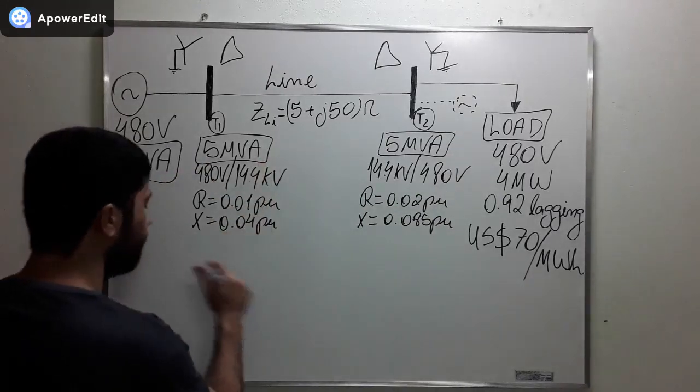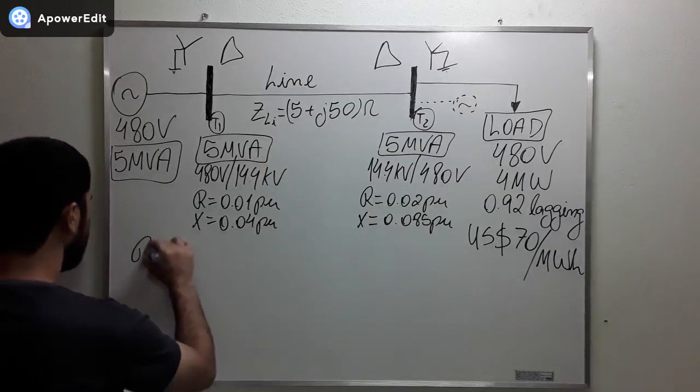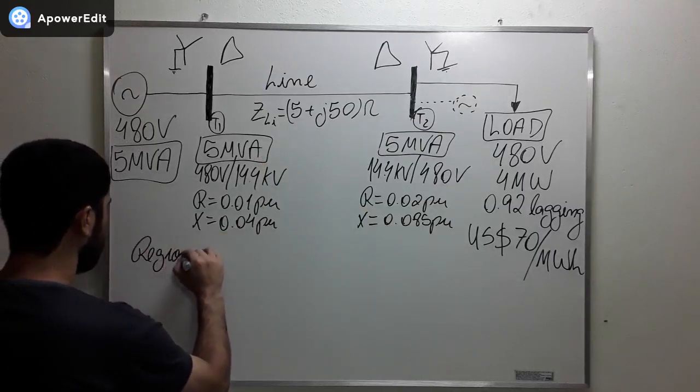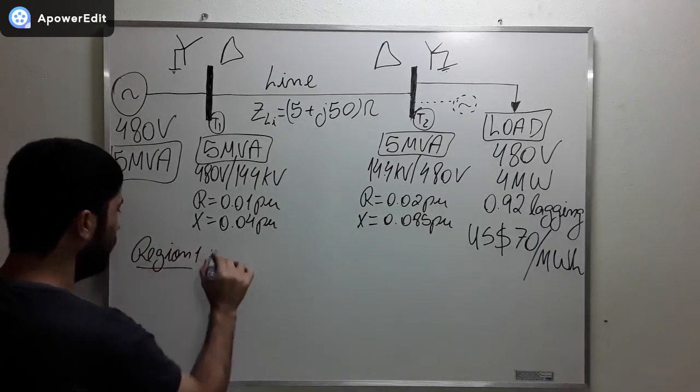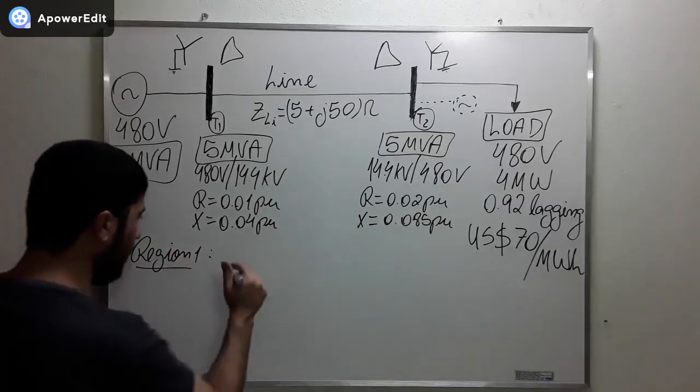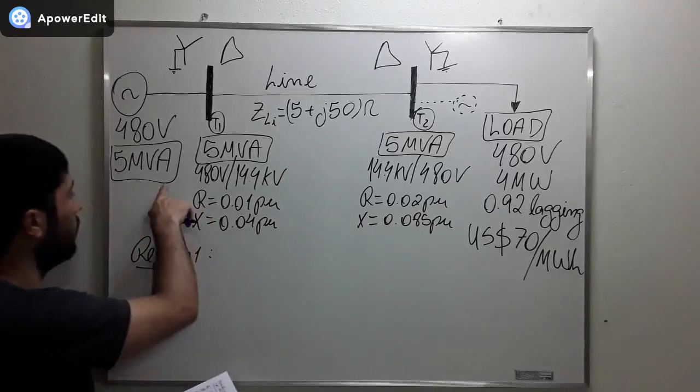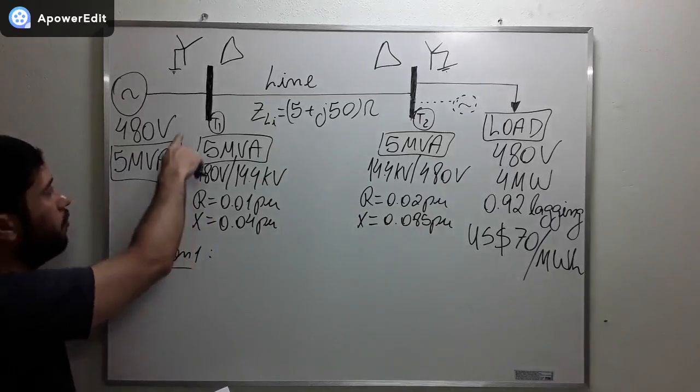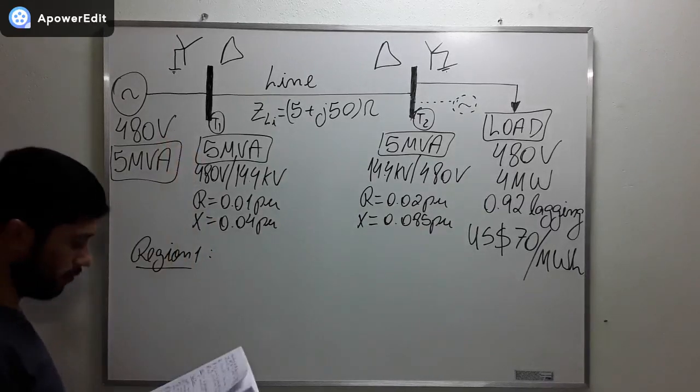So the base values for region 1 will be, for the power, 5 MVA, for the voltage, 480 volts.